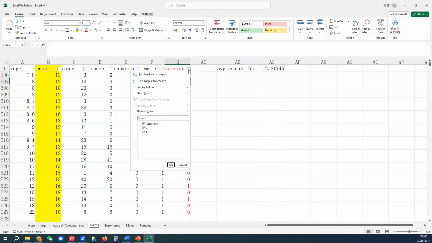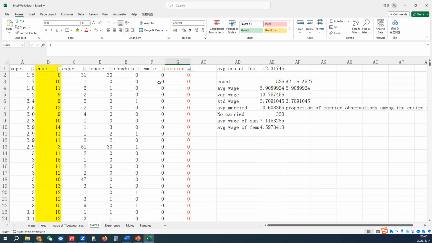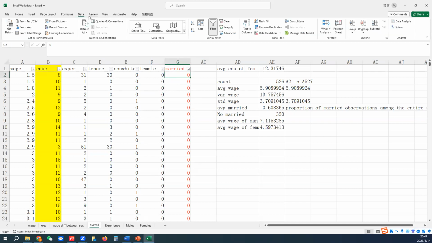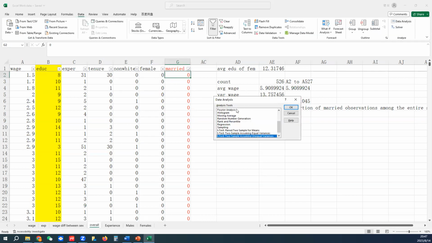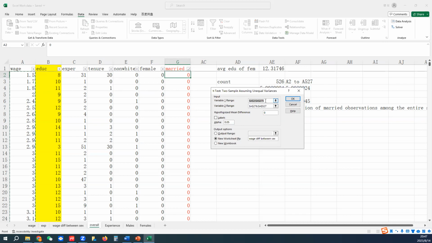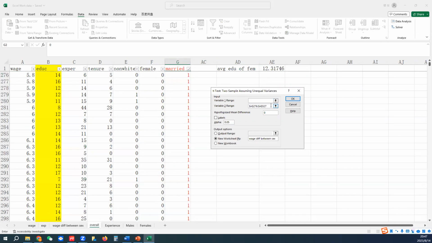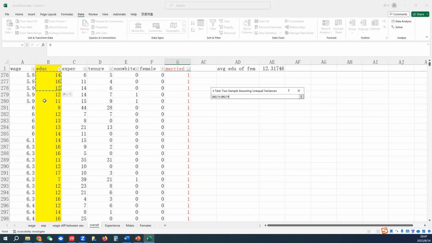First, you need to sort your data by marriage, and then you're looking at education. So it's data analysis, t-test two samples assuming unequal variances, and you're looking at the education. For married persons, that's your default group.